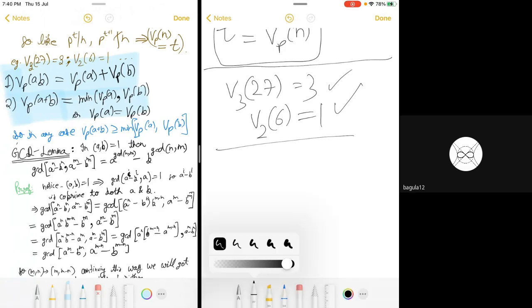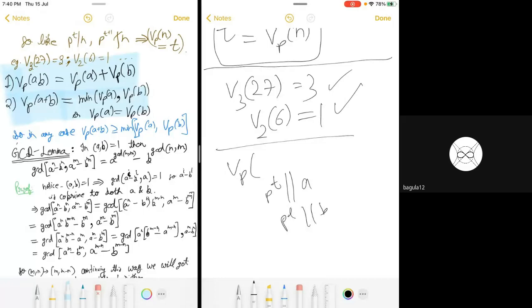For the first one, it is clear that if p to the t double divides A and p to the l double divides B, then p to the t plus l should double divide AB. Double divides just says that p to the t divides A and p to the t plus 1 does not divide A, so basically t is Vp.